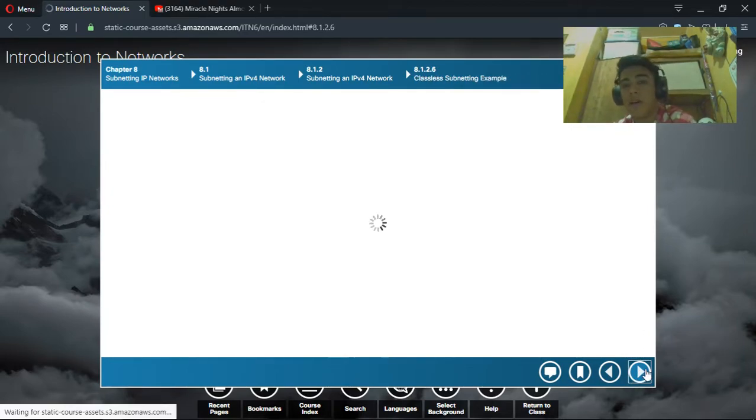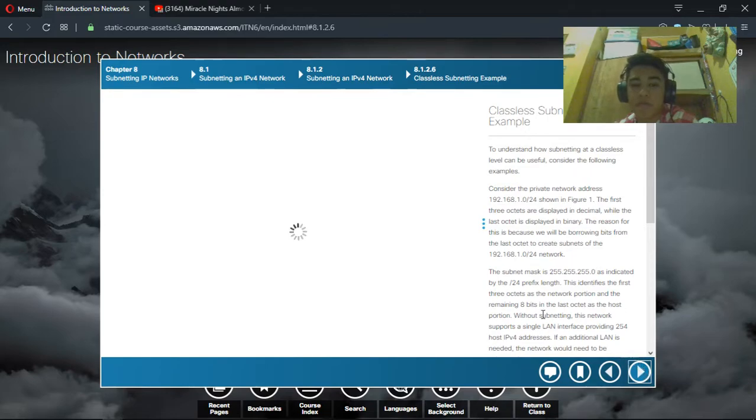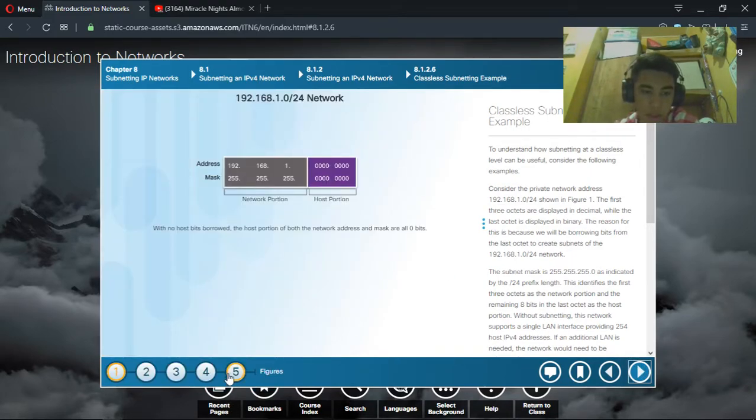Next, classless subnetting. We have 192.168.1.0 with a prefix length of 24 network.